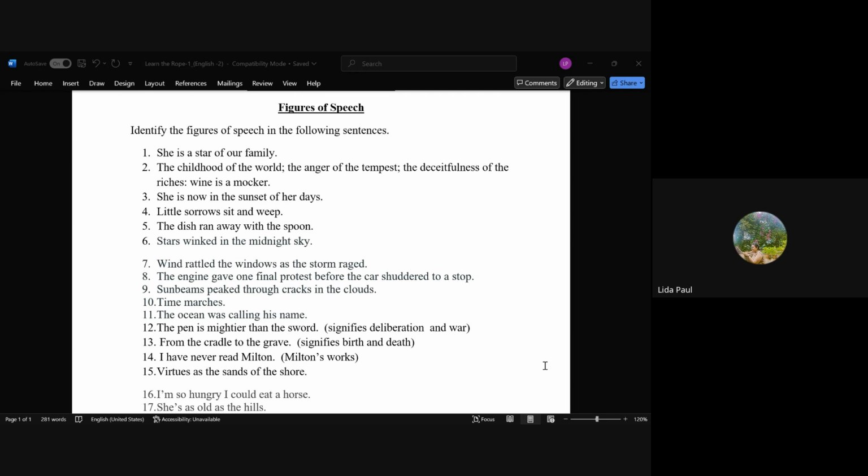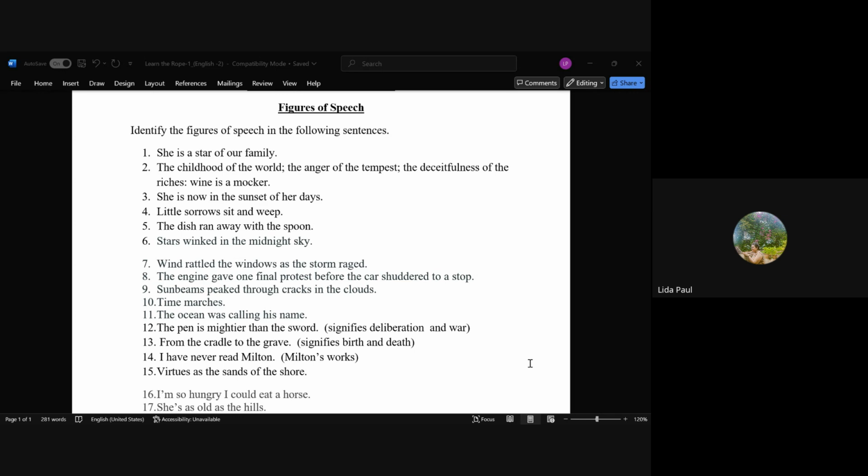Could be anything. Like in this case, it said little sorrows sit and weep. So it's more like an abstract noun. It doesn't matter if it is a material object or a material noun for that matter. Anything that is inanimate, anything that is non-human, which is given a human role or a human emotion, will count as a case of personification, right? That's the point. Okay, so this fourth one was personification, correct.